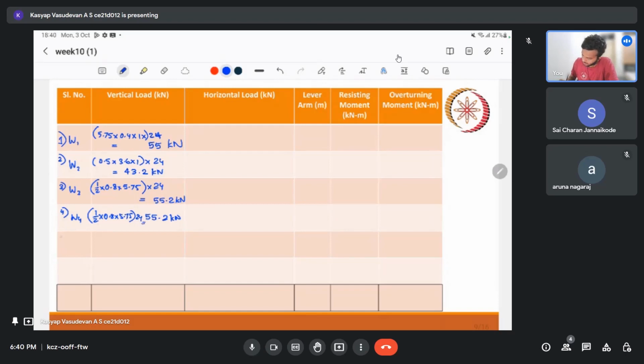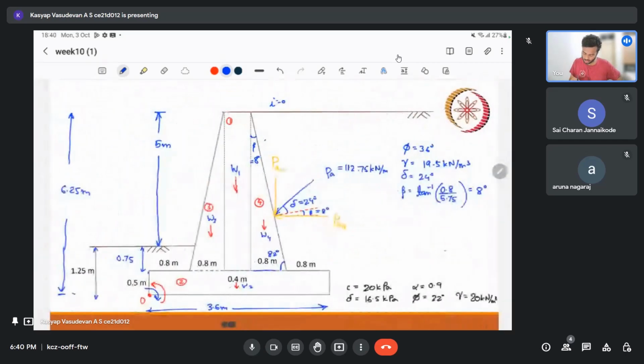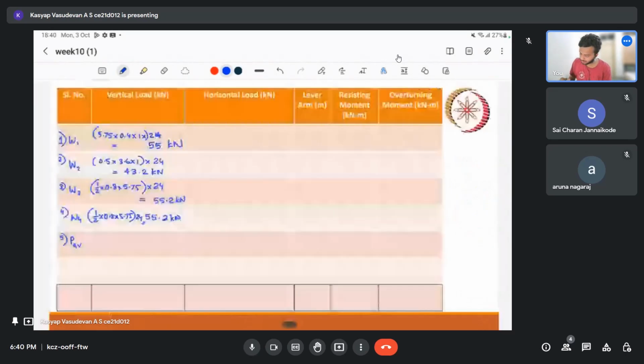So the fifth load is also restoring, that is our PAV. So our PAV is causing a restoring moment. If you look at this point O, from the point O, PAV is causing a restoring moment. So I'll write PAV, that value I already know, that is 59.74.